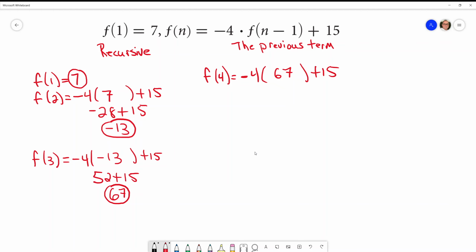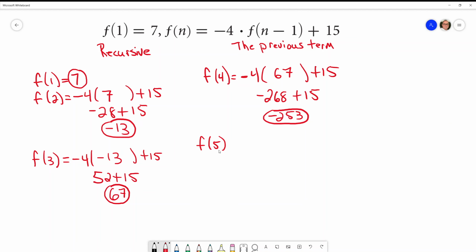So -4 times 67 is -268 plus 15 is -253. So that's our fourth term, and now we're going to do it one last time for our fifth term.